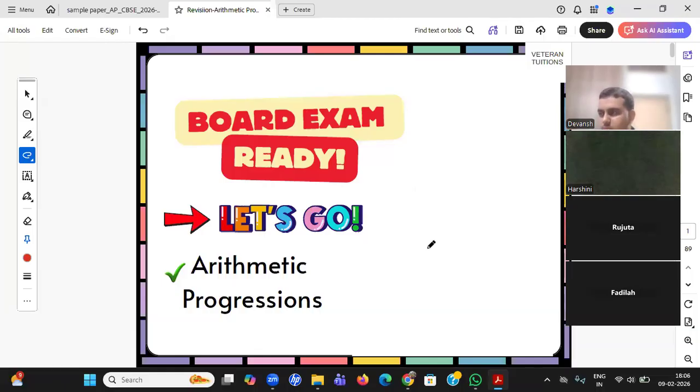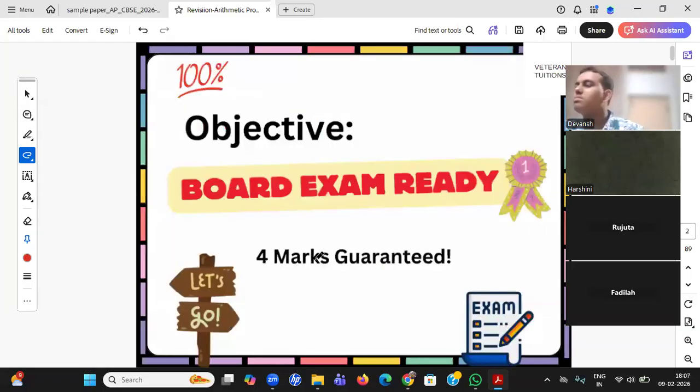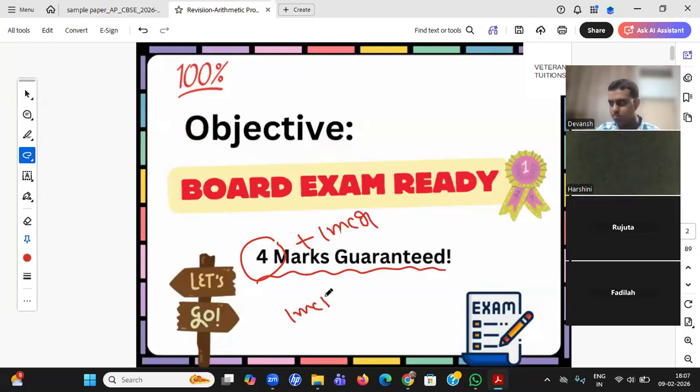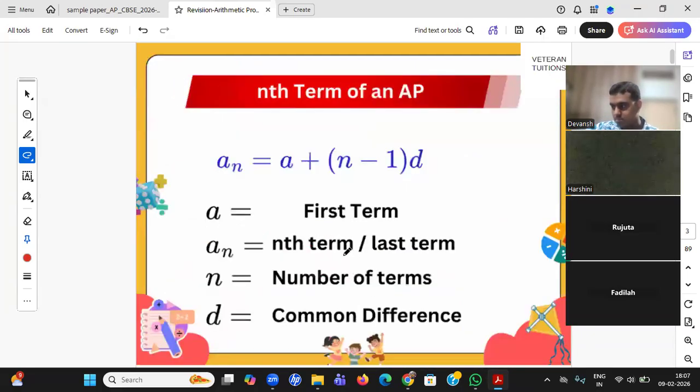Students, arithmetic progressions, as I said, this chapter will come for 4 to 5 marks. Case-based question plus one MCQ, or one MCQ plus 3 mark questions. So what are the formulas in this chapter?